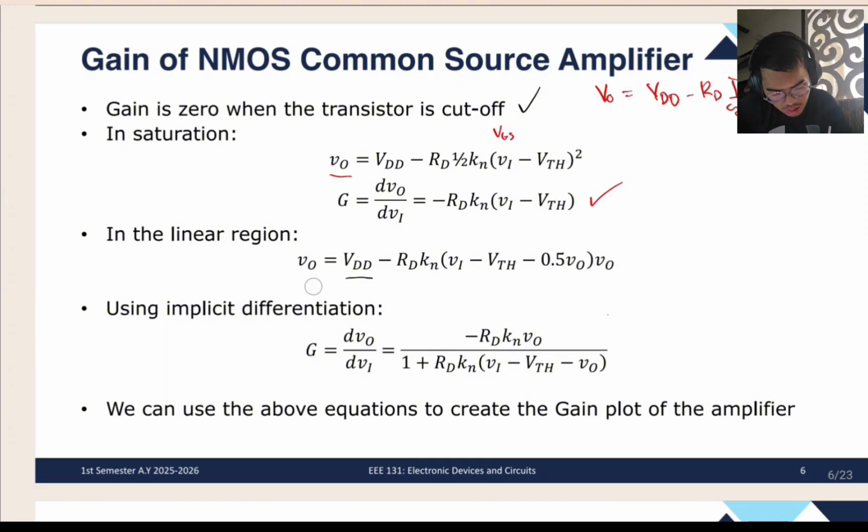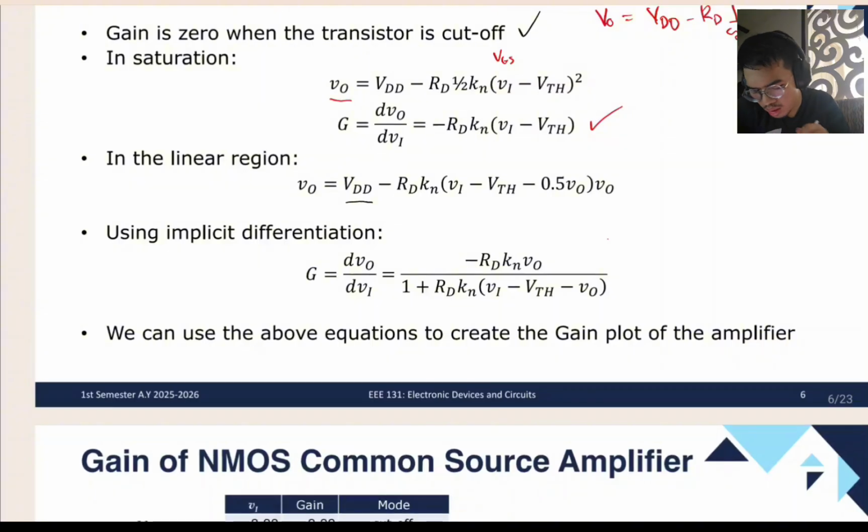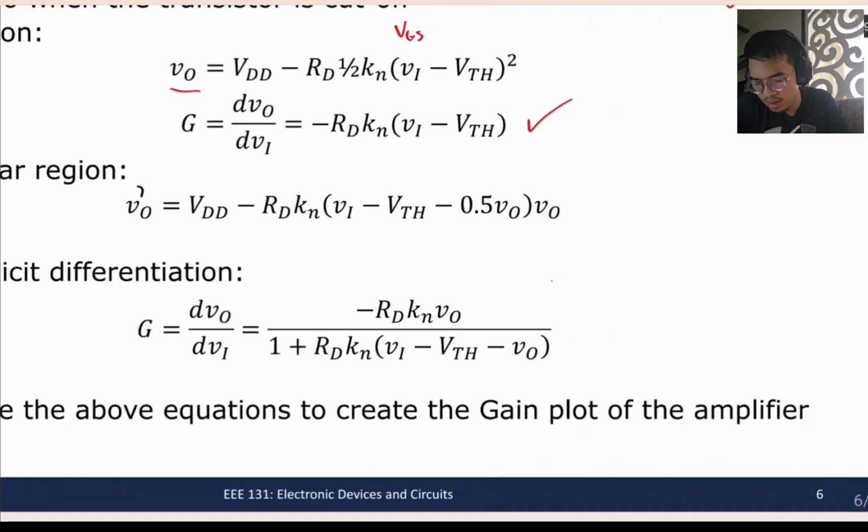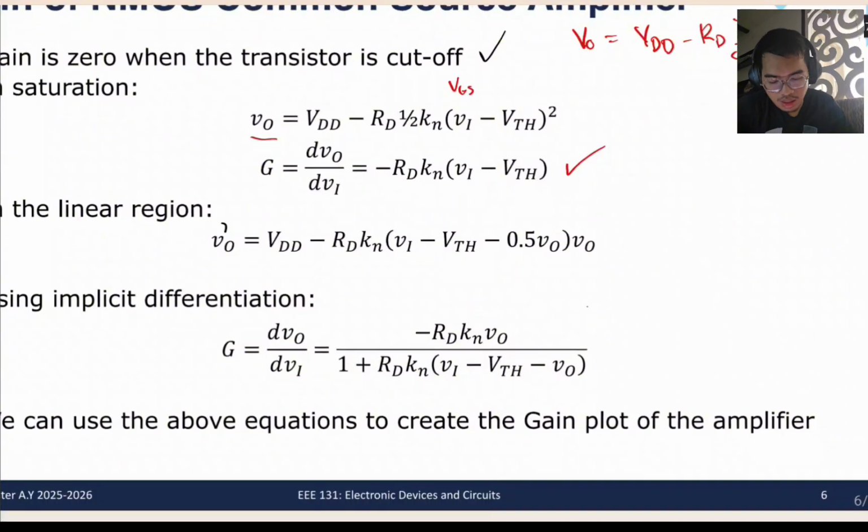To make this easier, we will make use of implicit differentiation to get a cleaner answer. But let me teach you a way to get the implicit derivative fast, without actually doing the full implicit differentiation. There's a shortcut in getting the implicit derivative. Say you have here dy over dx.